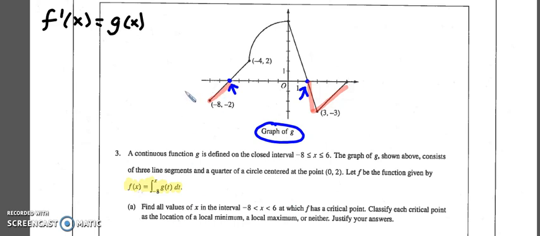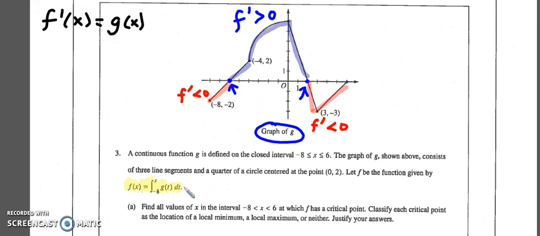So that's when f prime is less than 0, and then when we go up here, that's where g is positive. In other words, that's where f prime is greater than 0. f prime is positive.